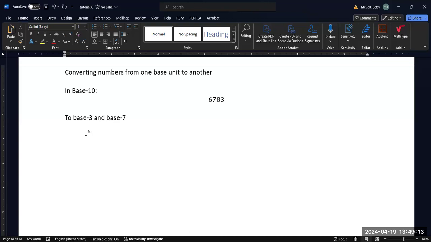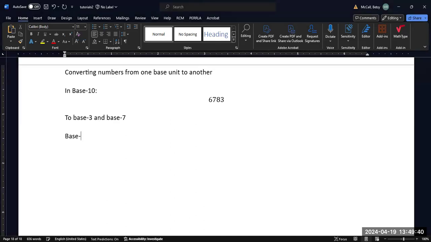Times 3 again is 6,561. So clearly, if I multiply by 3 again, I'm going to get a number that's bigger than 6,783. So that's where we're going to start. That is 3 to the 8th power, I believe. Yes.